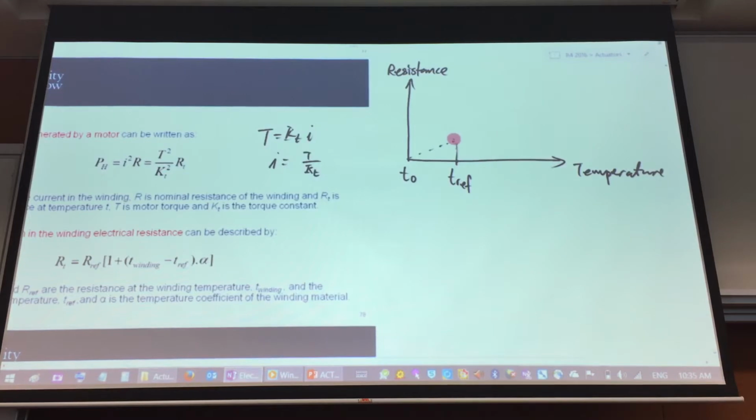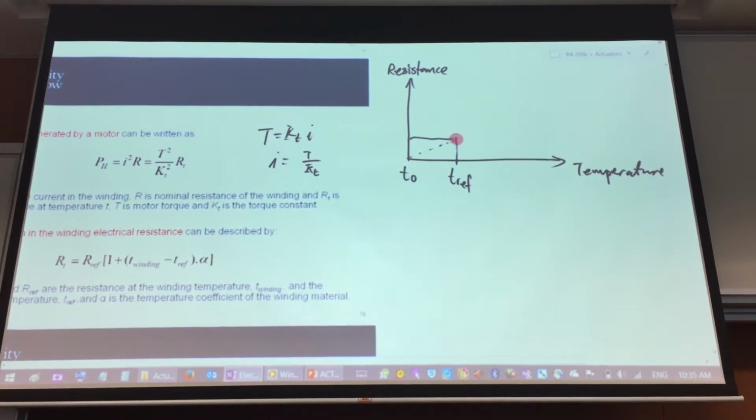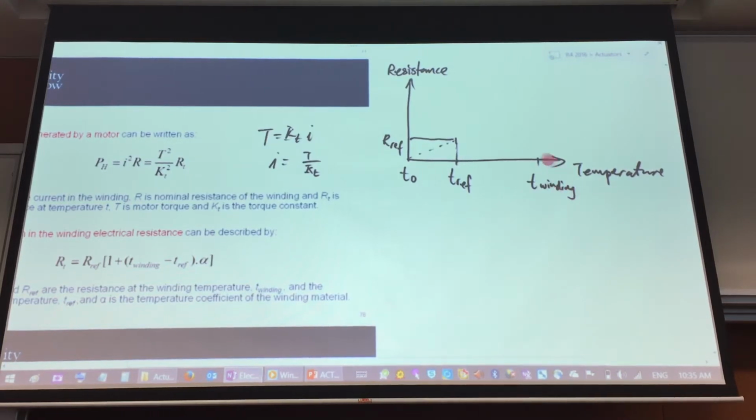So under room temperature, which I call reference temperature, you have a certain amount of resistance that you can find in your motor. And as you increase your temperature to what I call the winding temperature, so as you energize your motor, your winding, that is the winding of the wire, is going to have an increase in the temperature in this way.